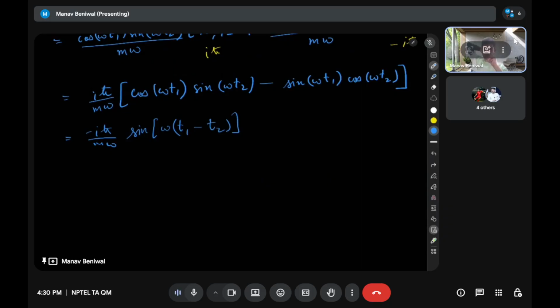So this problem just gives you the essence of quantum mechanics. It's more related to Heisenberg's uncertainty principle: the delta x at two different times and the delta p at two different times is not zero. So there is some uncertainty when we calculate the position and momentum at two different times.